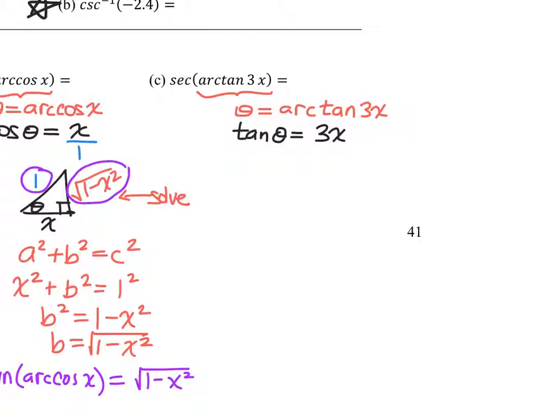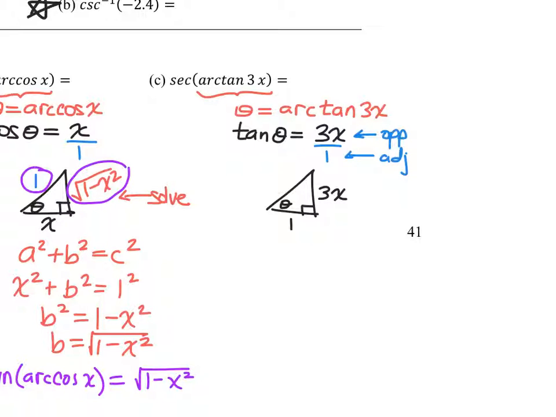But again, just like the last one, I'm going to make that 3x over 1. The tangent ratio is opposite over adjacent. So opposite 3x, adjacent 1.